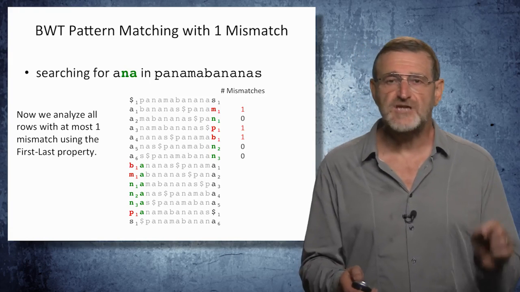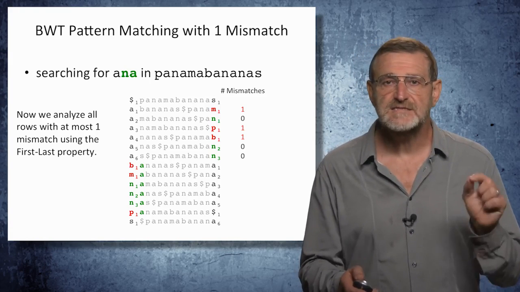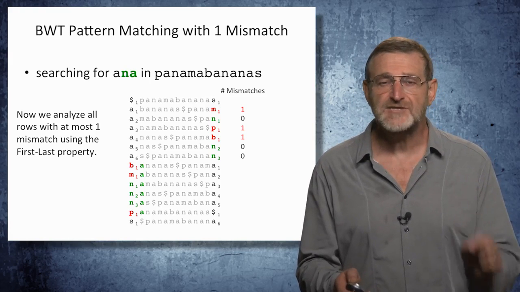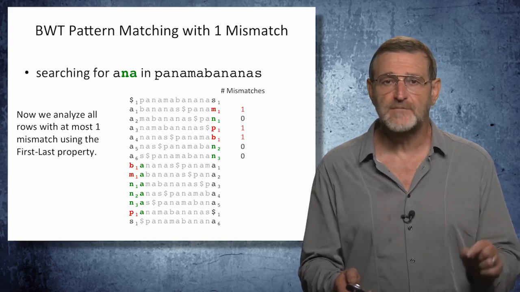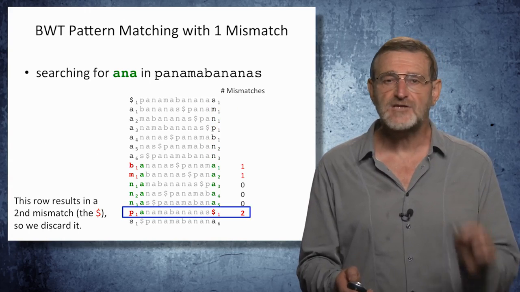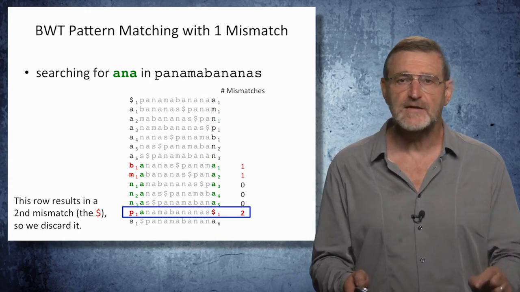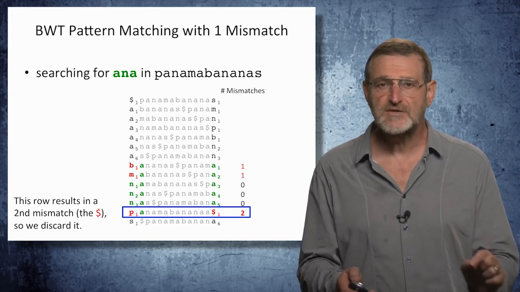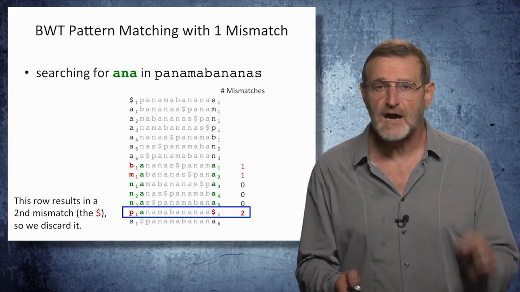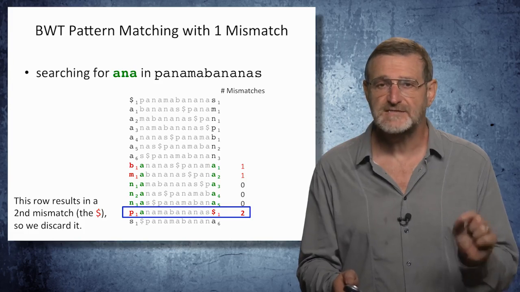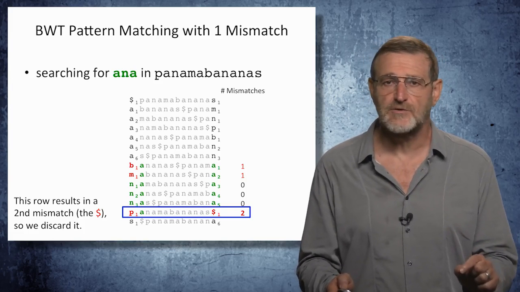Once again, we check which of these 6 appearances will match Anna with at most one mutation, and it turns out that one of them actually doesn't satisfy this property because there is a match, but it's a match with 2 mutations, which is beyond our maximum allowable number of mutations, and that's why we are not interested in this row anymore.